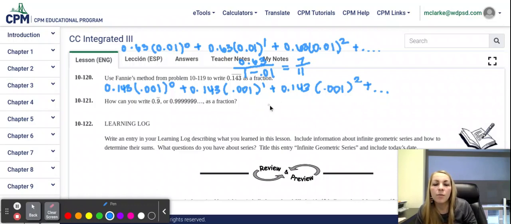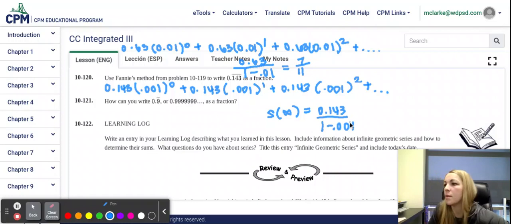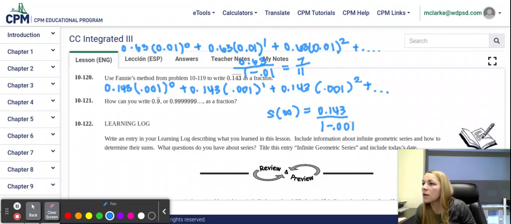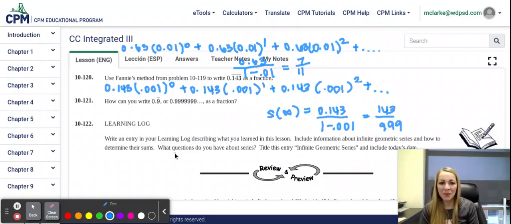And so I am going to put it in that infinite series form. So if I'm getting the sum of that, my first term, 0.143, over 1 minus this rate, 0.001. And let me just go to my calculator real quick over here. I get 143 over 999.